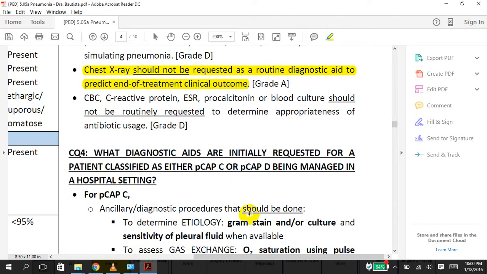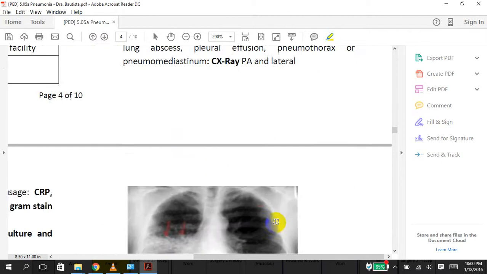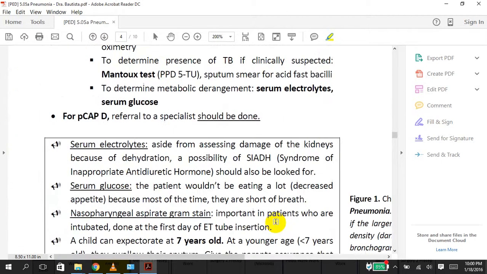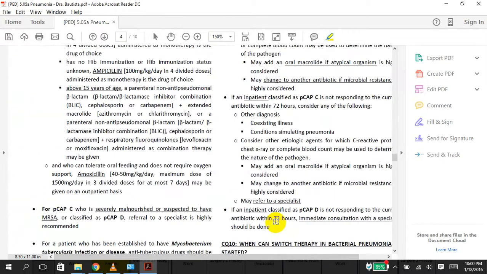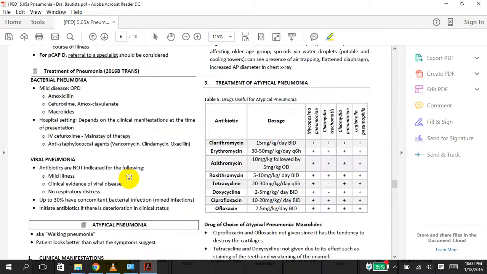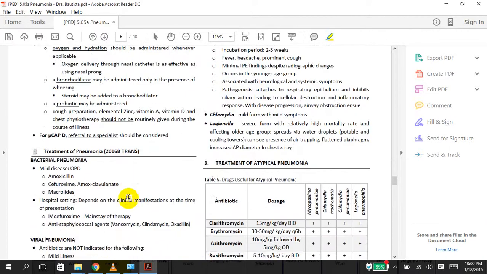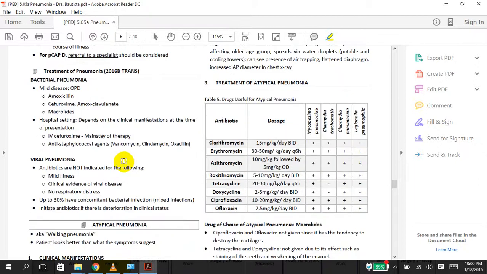So it still depends. So as for the diagnosis rather, I'll just skip the part of the guideline that was given to us. You can search for your own guidelines in your own country.